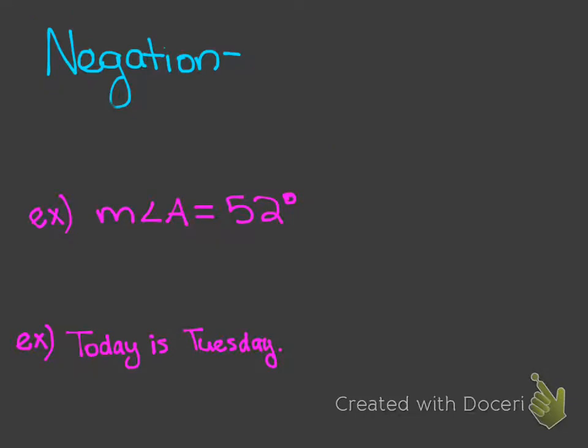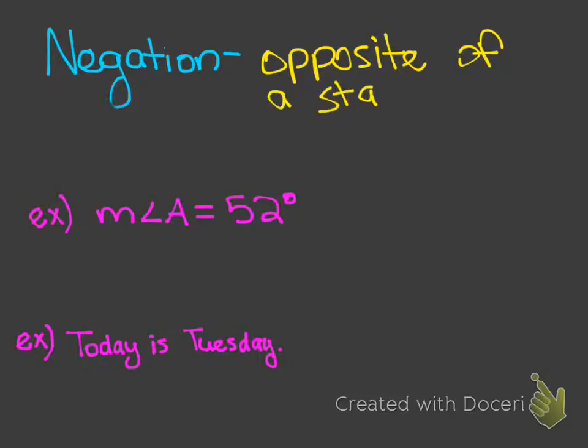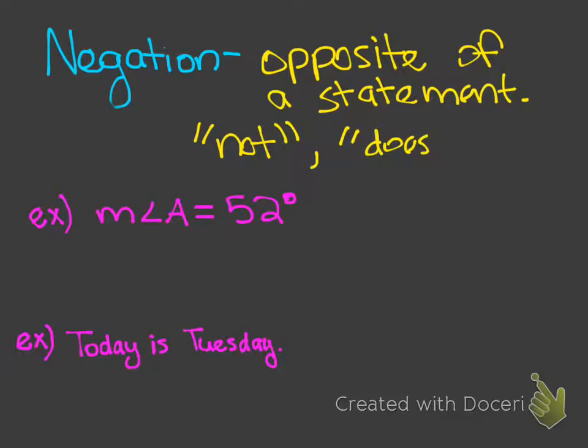So the next thing I want to look at is just a definition of a word. That word is negation. Negation is simply writing the opposite of a statement. Negation is the opposite. So a lot of times negation looks like putting a not in front of something or a does not in front of something.